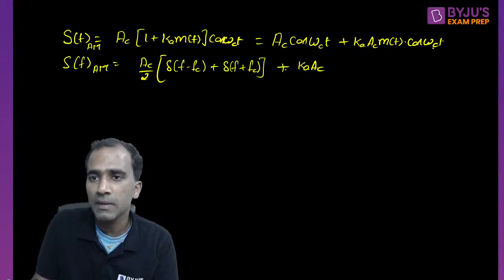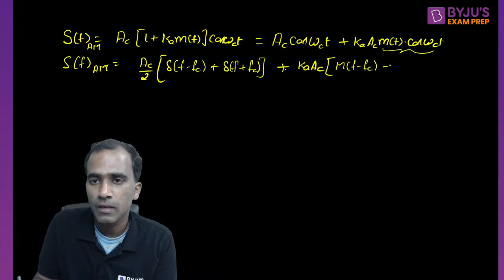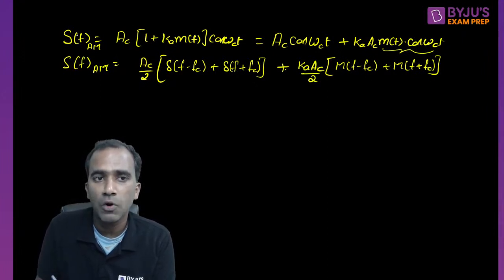When m of t is multiplied with cos omega ct, this is called the modulation property in Fourier transform. So the Fourier transform of m of t multiplied with cos omega ct is m of f minus fc plus m of f plus fc divided by 2. So this is the Fourier transform of the AM modulated signal.